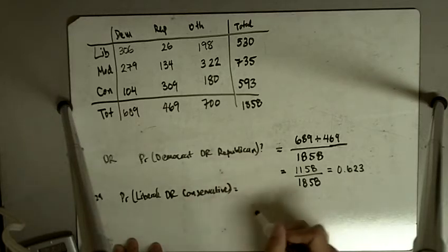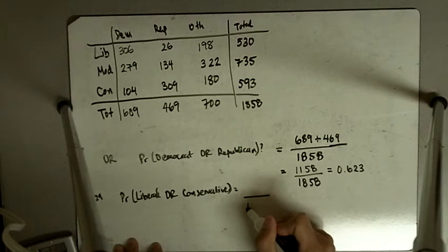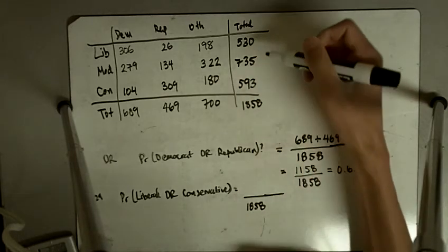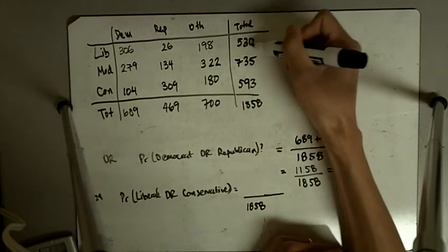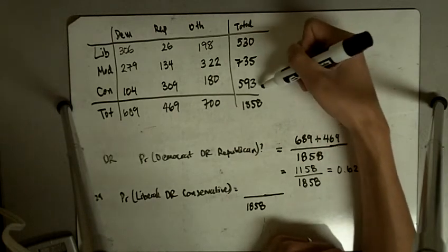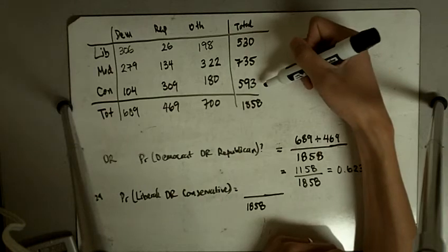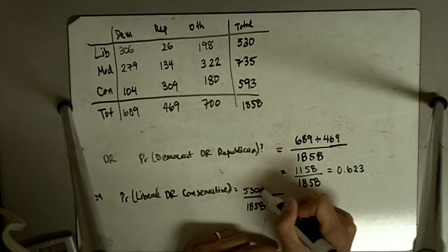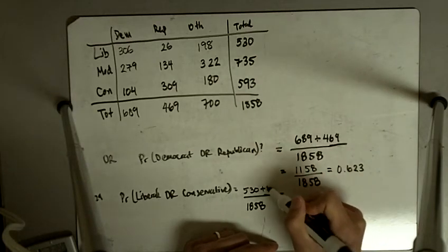Okay, and so in this case, again, our denominator, we're going to have 1858, but in the numerator, we have 530 people who self-identify as liberals and 593 people who say they are conservative. So that's going to go on the top, 530 plus conservatives, 593.